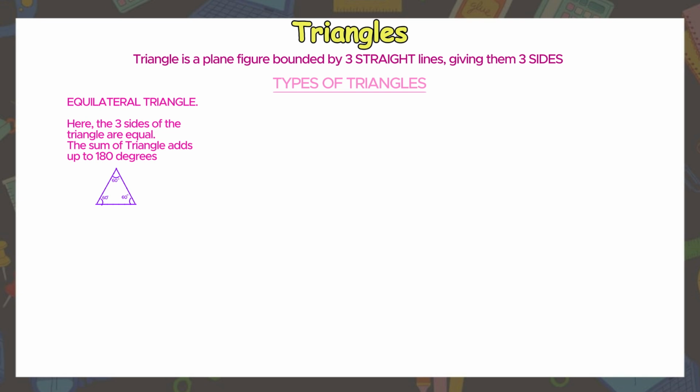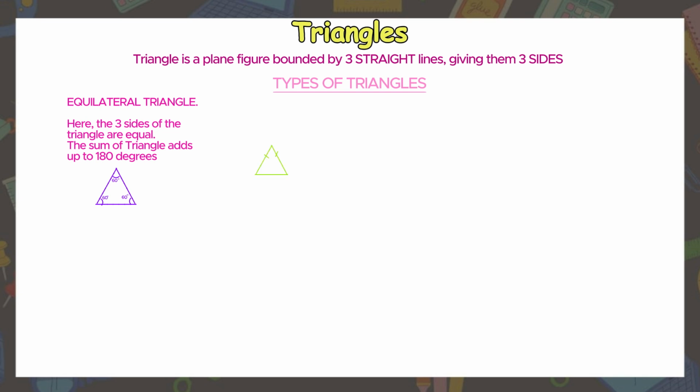And you know that the sum of angles in a triangle adds up to 180 degrees. That means this angle is 60 degrees, this angle is 60 degrees, and this angle is 60 degrees. So 3 multiplied by 60, that is 60 plus 60 plus 60, will give us 180 degrees. So all the sides here are equal.